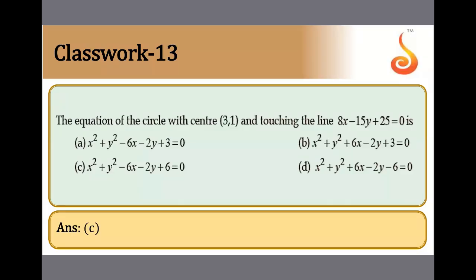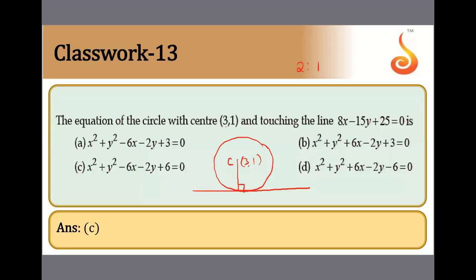Question 13. Equation of a circle, the center is (3, 1), touches this line. So this is a circle, this is the center (3, 1), and this is a tangent.